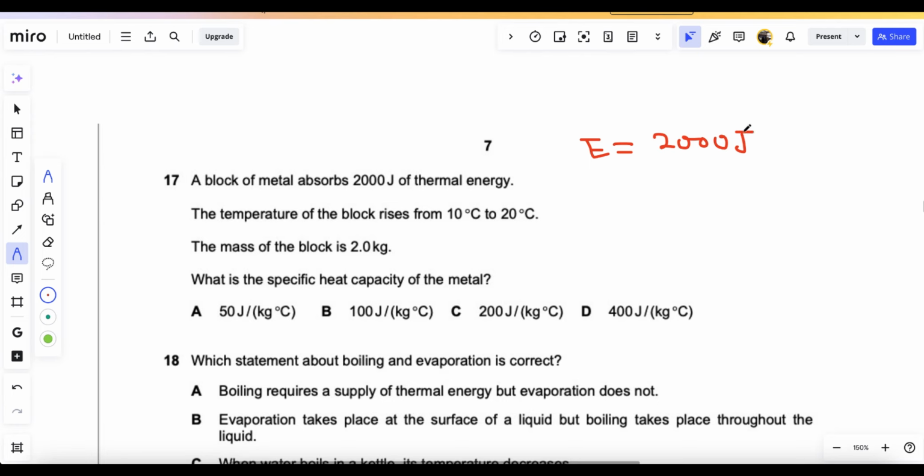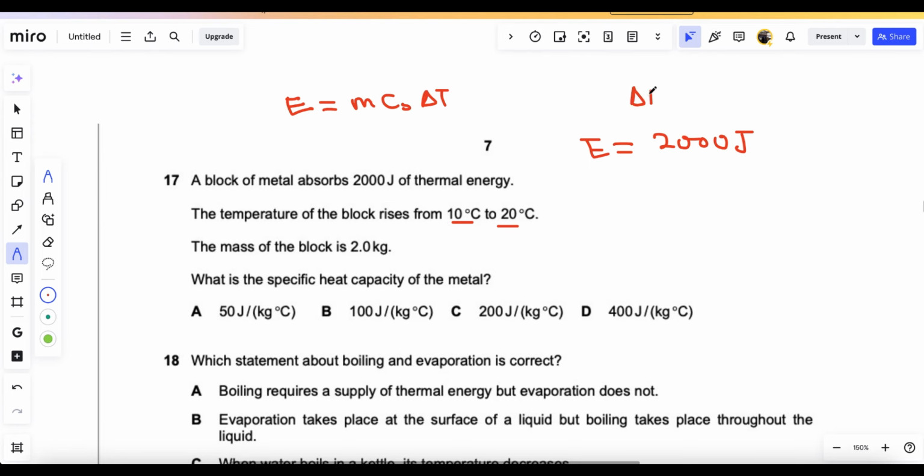Do you remember the energy formula for specific heat capacity? Energy equals m c delta T, where delta T means change in temperature. It depends on what they want us to calculate. The temperature of the block rises from 10 to 20.